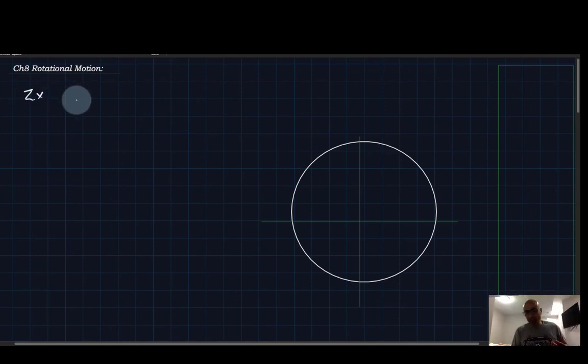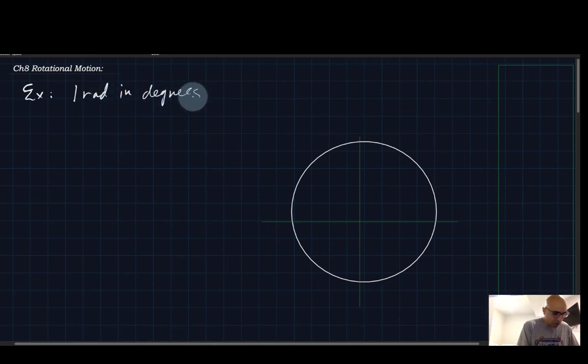Let's have another example, on converting an angle from radians to degrees. In this example, find what 1 rad is in degrees. How do we solve this one? We know that 3.14 rad is equal to 180 degrees.